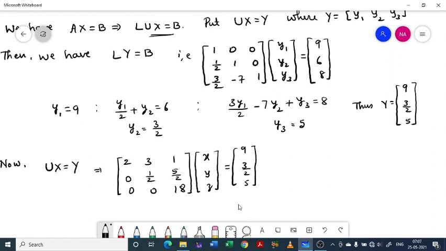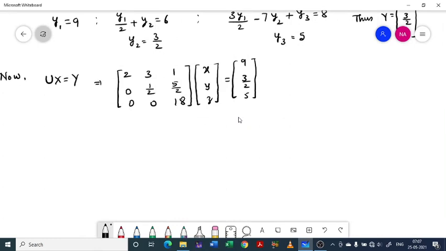So from this we get 2x plus 3y plus z equal to 9, which is the first equation we already had.